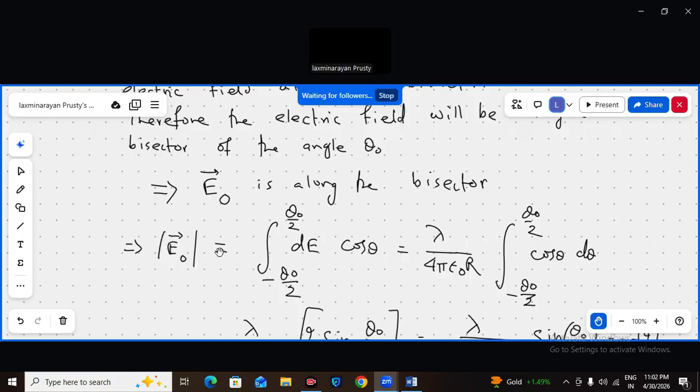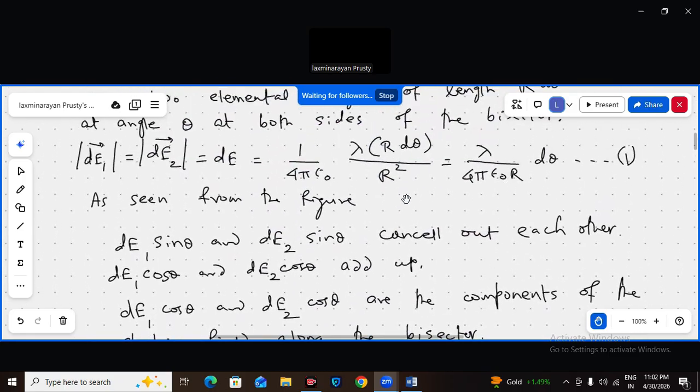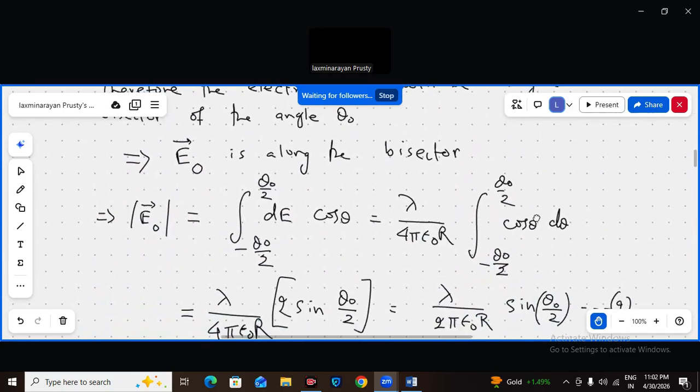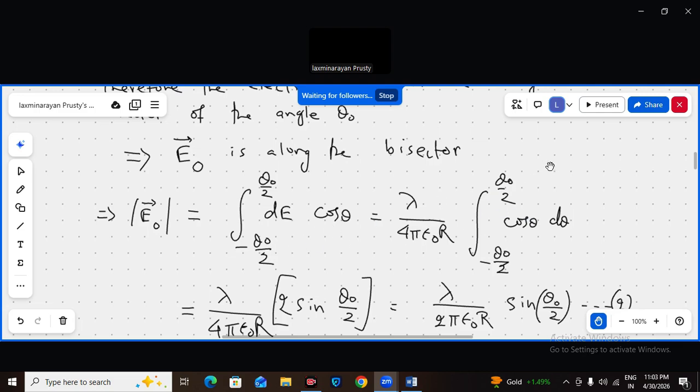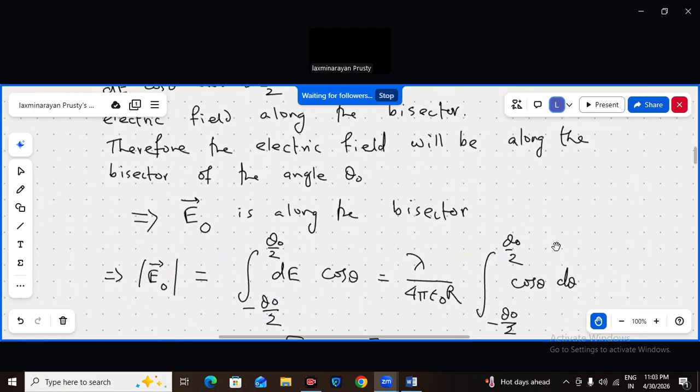So E naught, whose direction is along the bisector, will have magnitude the integral of dE cos theta from minus theta naught by 2 to plus theta naught by 2. So that is lambda by 4 pi epsilon 0 r into cos theta. I multiply d theta: dE cos theta I am integrating. So this is dE; multiply by cos theta and integrate.